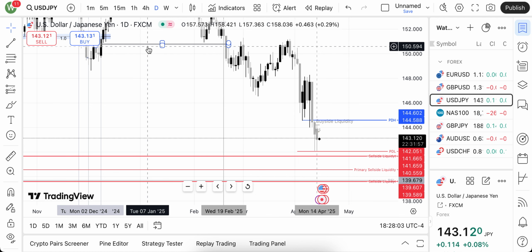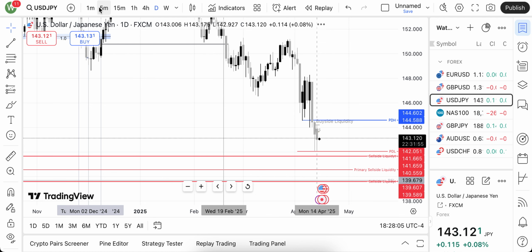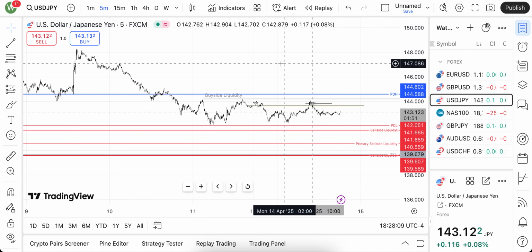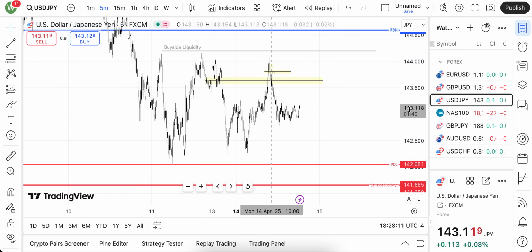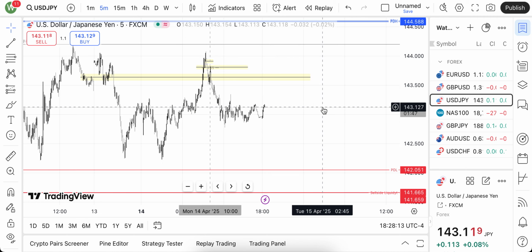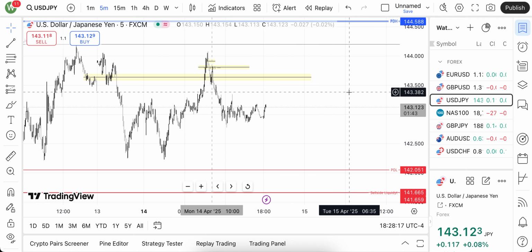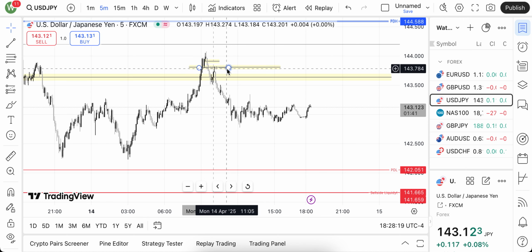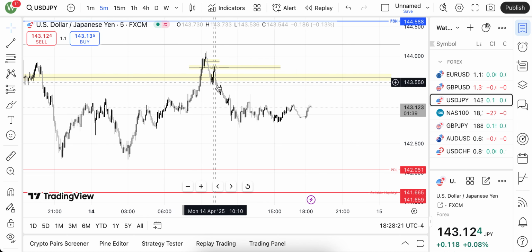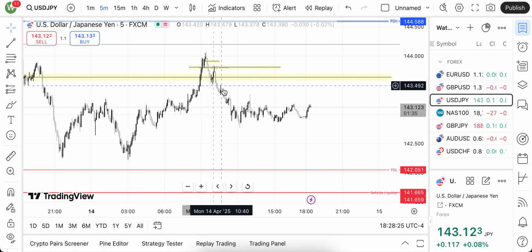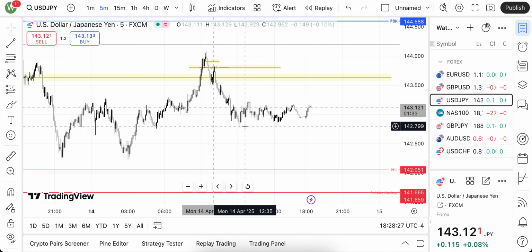Then we looked for an opportunity to enter the trade. Price traded into this liquidity area here, and then started bleeding all the way down. We got a market structure shift, which we entered a trade on. We rode that for a 1 to 1 or a 1 to 1.5. I can't remember. I didn't hold the trade all the way down. But again, this is another example of how you trade daily bias.